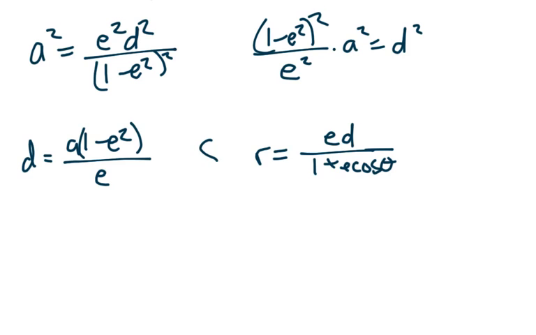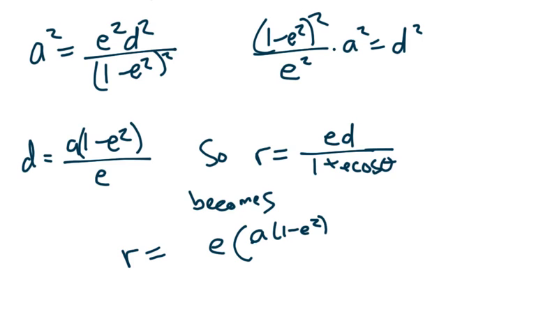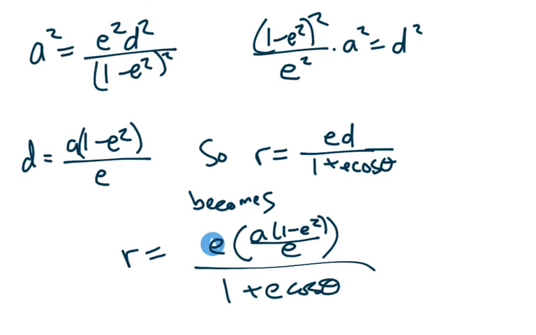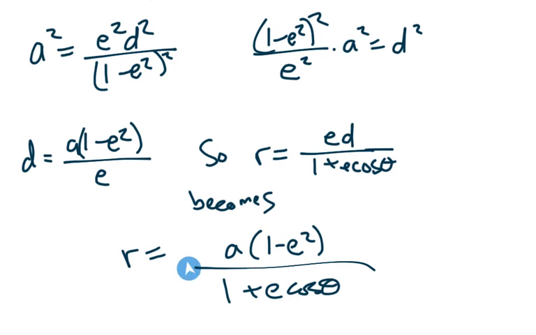What we've learned then is that this becomes r equals e times a(1 - e²)/e over 1 + e cos θ. Now you see this e and this e, they cancel, leaving you with r equals a(1 - e²) over 1 + e cos θ.